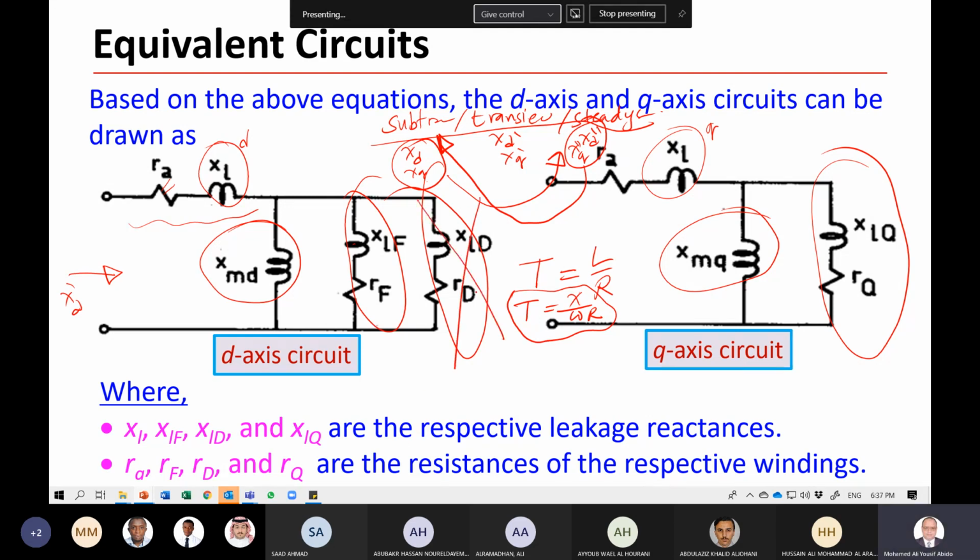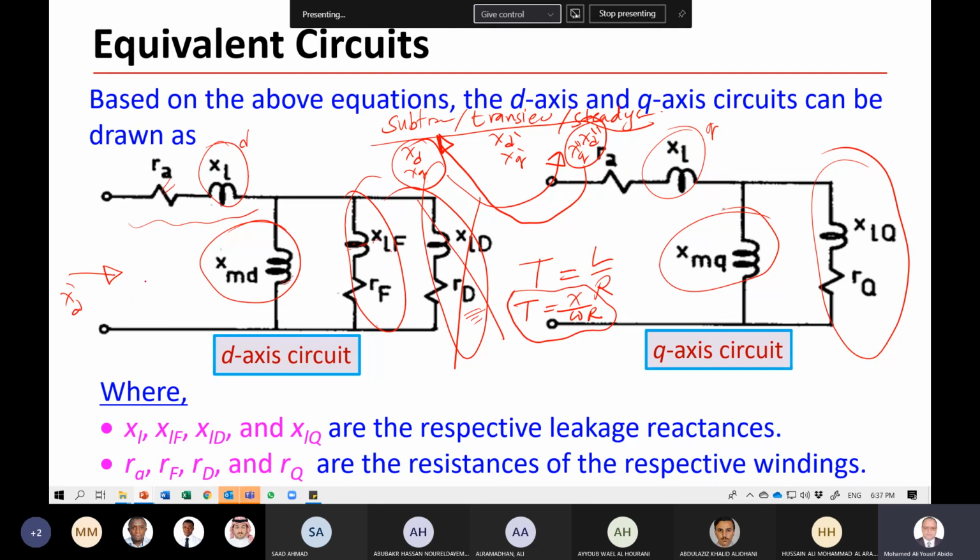The effect of the damper winding appears only in the subtransient period. So eliminate this winding. You have Xmd and Xlf in parallel, and the equivalent is in series with Xl.